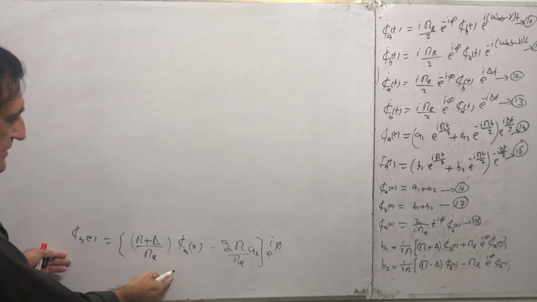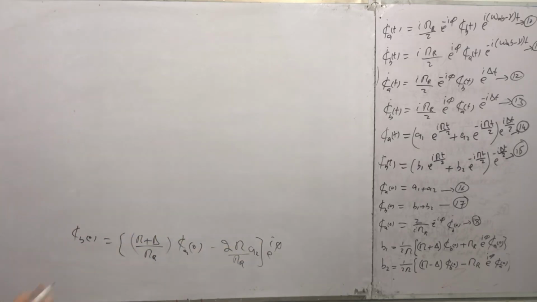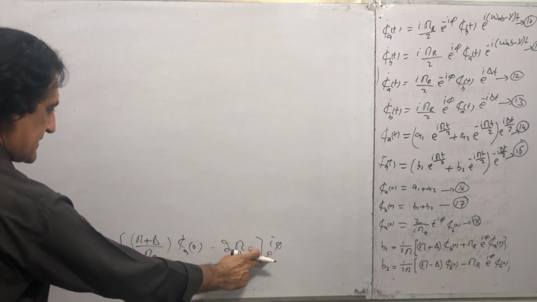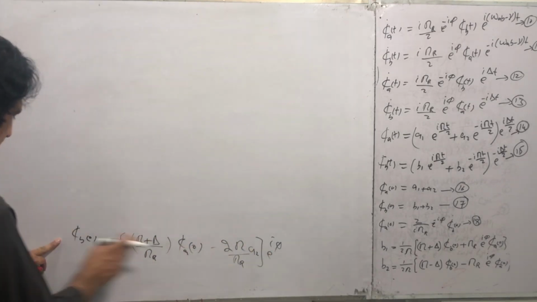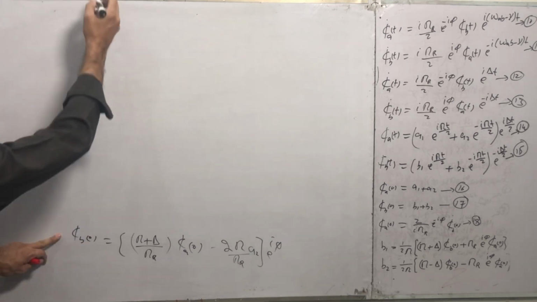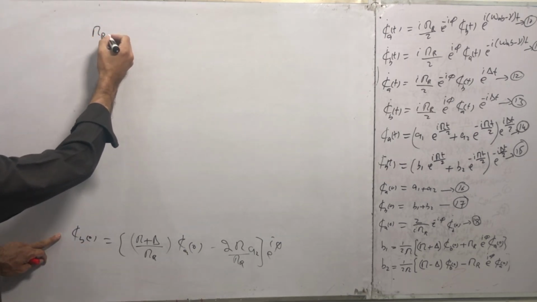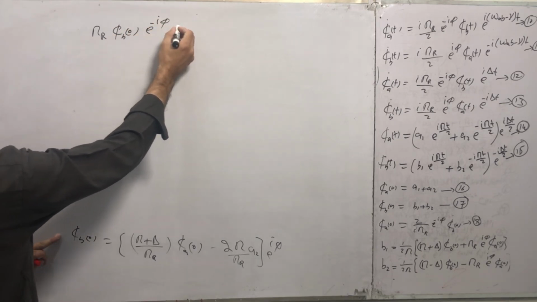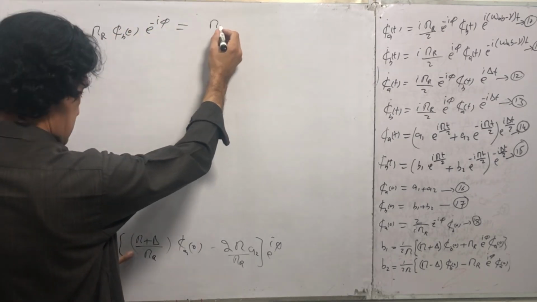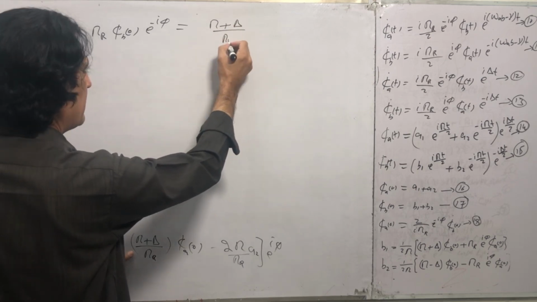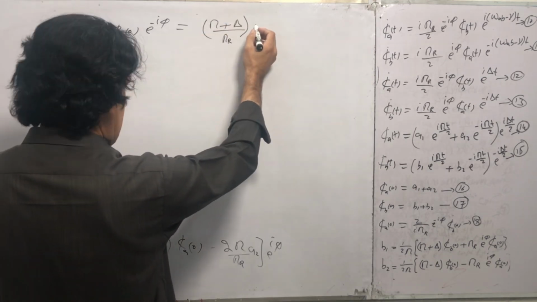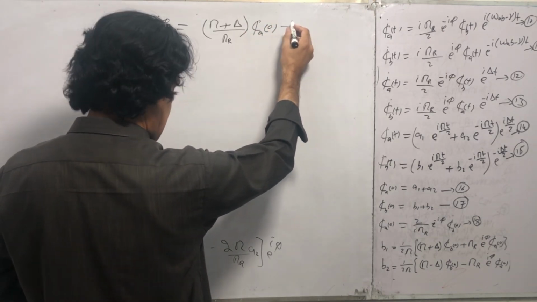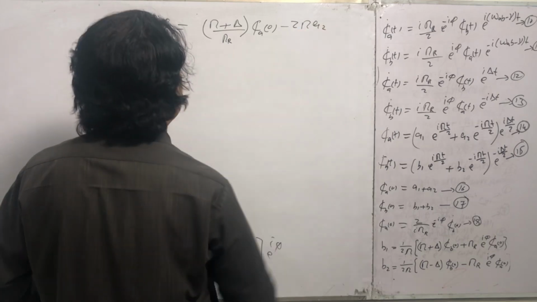From this equation, we can find out A2, and this is very easy because this term will come here, omega r will come here, and then we have omega r CB of 0 e to the power minus iota phi, which is equal to omega plus delta divided by omega r and CA of 0 minus 2 omega A2.